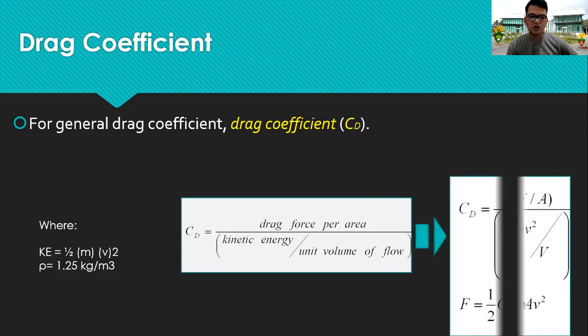Simplifying, we have the equation for the general drag coefficient: 1/2 CD times density times the area times velocity square.